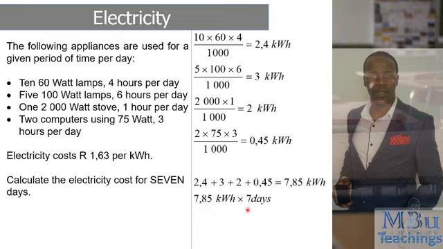Now we have the answer for 7 days, but remember, we also have the cost. So this is the answer for these 7 days. Then the question was saying calculate the electricity cost, so we should include the money.